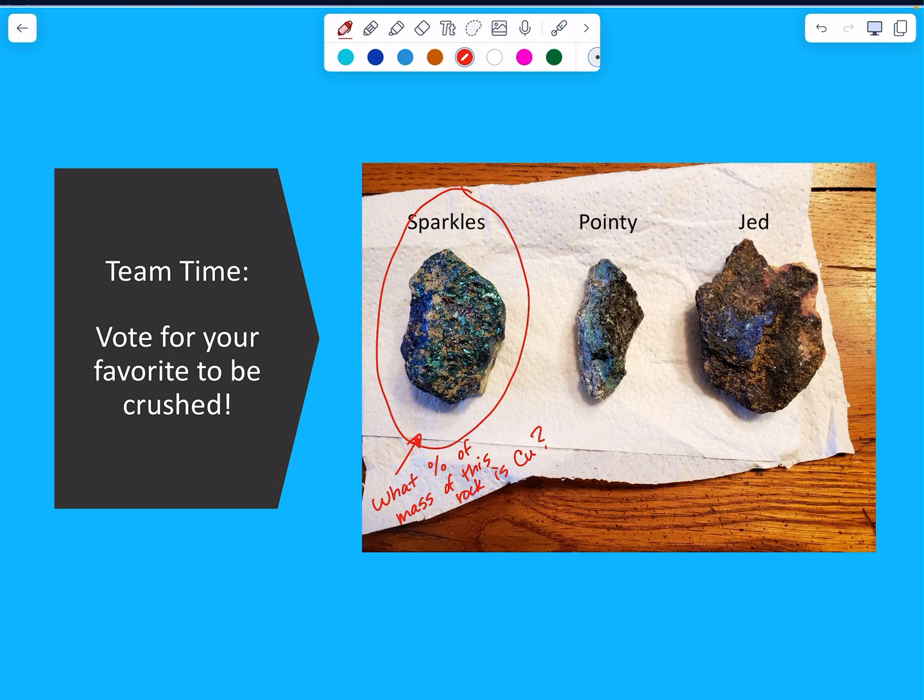As we talk about the electronic structure of the atom, we're going to talk about why copper atoms will absorb some of that energy from that incoming light. Why is it that all the light doesn't go through? Some of the light gets what we call absorbed.